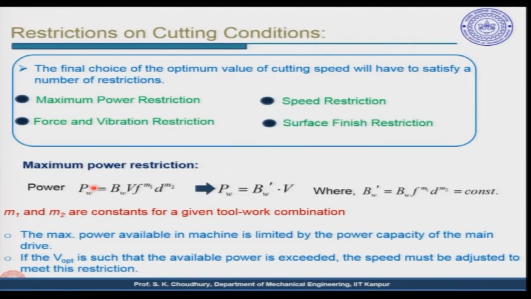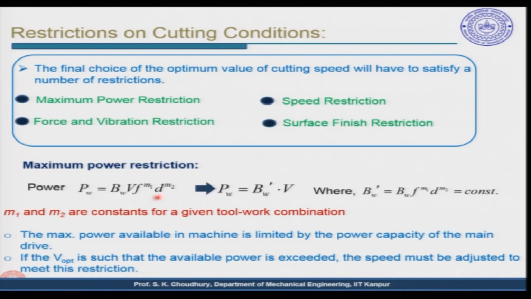According to the optimum velocity, whichever criteria it is, if we are getting a power which is more, then we have to reduce the value of the optimum velocity to get within this power. This power is the one required to fabricate that part, and we cannot have the power consumed by the fabrication exceed the power given in the motor or the machine.